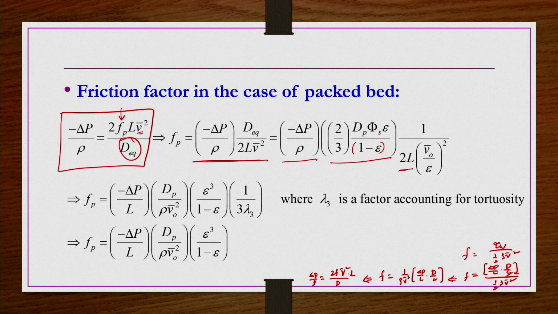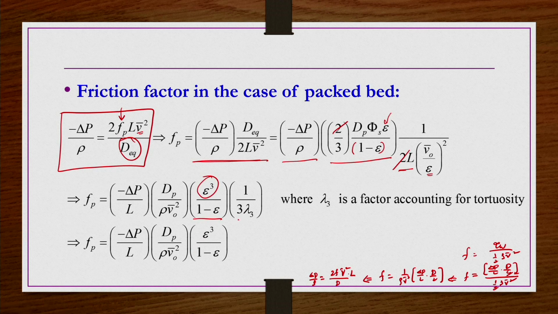Now, these 2 and these 2 can be cancelled out. So, delta P by L we can write as one term, and dP by rho V naught bar square as one term. Here there is one epsilon, and here there is epsilon square. So, we club together, and we get epsilon cube, and 1 minus epsilon is as it is.